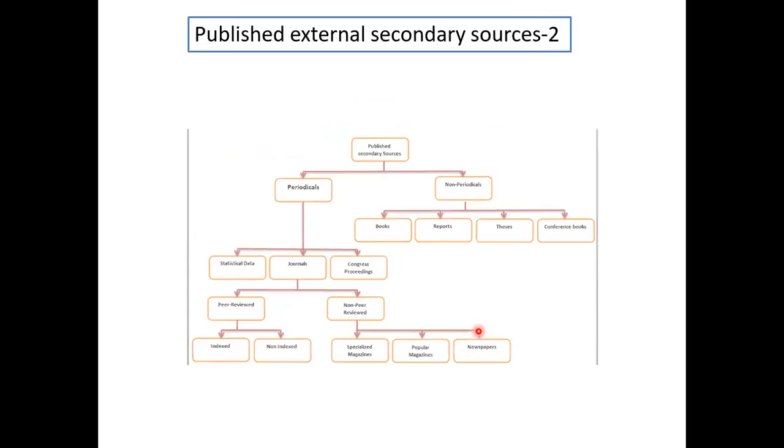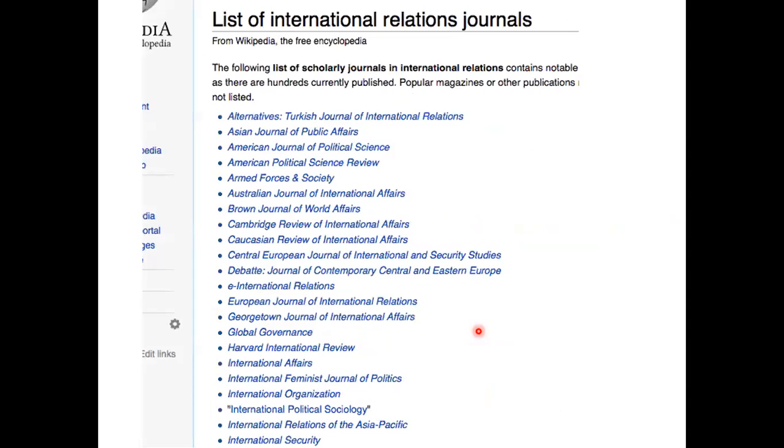Maybe let's go to, okay, so you have, for example, a list of international relations journals. You can decide to simply search lists of international relations journals, and you have them here. Why would you like to do that? Because you want to see only journals that are looking at international relations, so that you're consistent with what you're trying to look at.